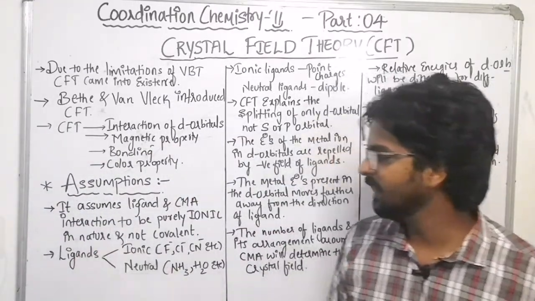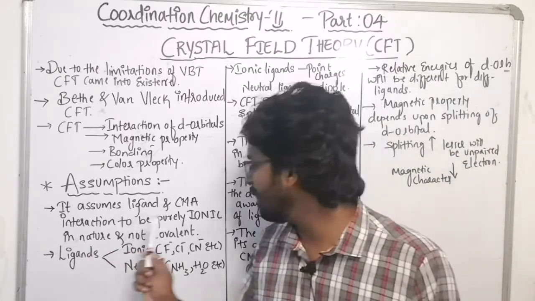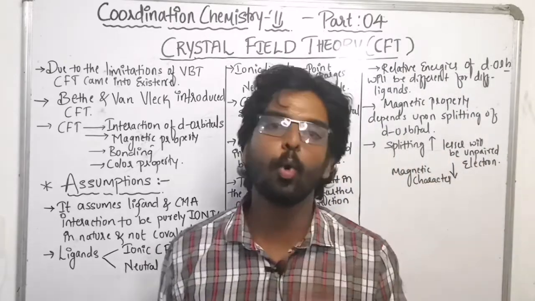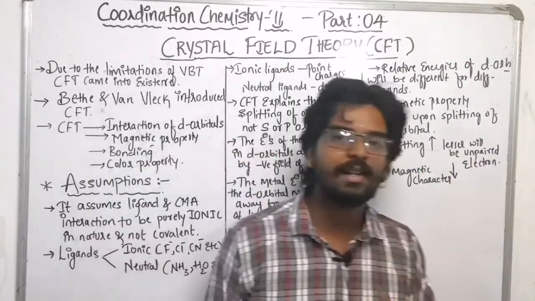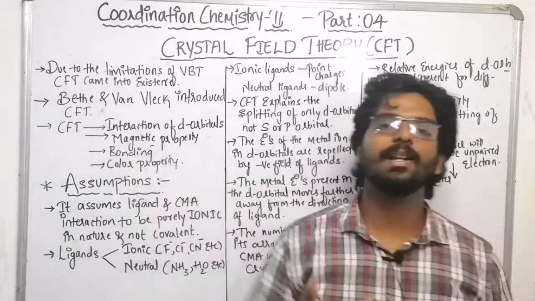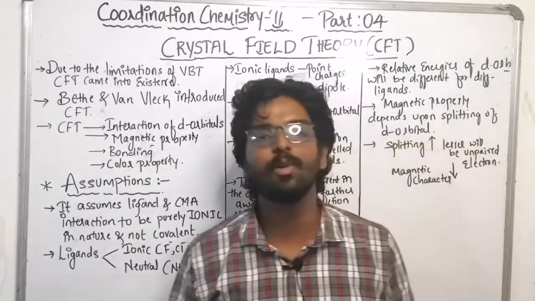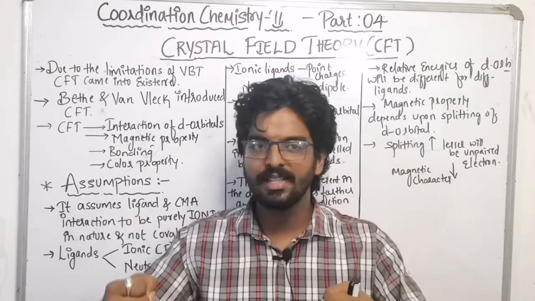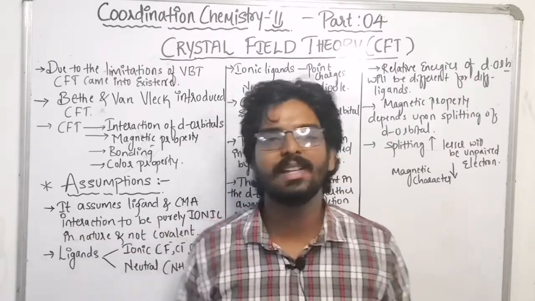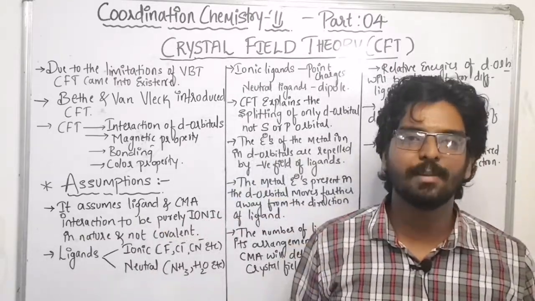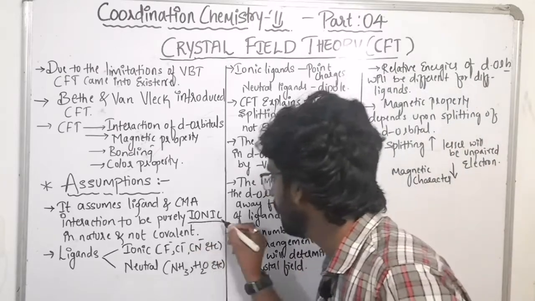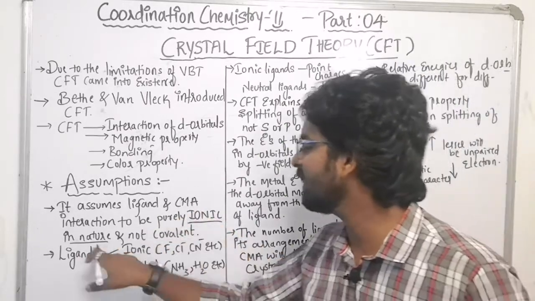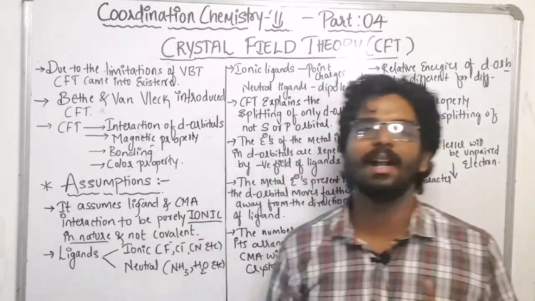The first assumption is that the interaction between the ligand and the central metal atom or ion is purely ionic, and not covalent. According to VBT, the overlapping of orbitals was taking place, and that signifies the covalent nature. But according to CFT, the bonding between the central metal ion and the ligand is purely ionic in nature. Remember, this is a very important thing.